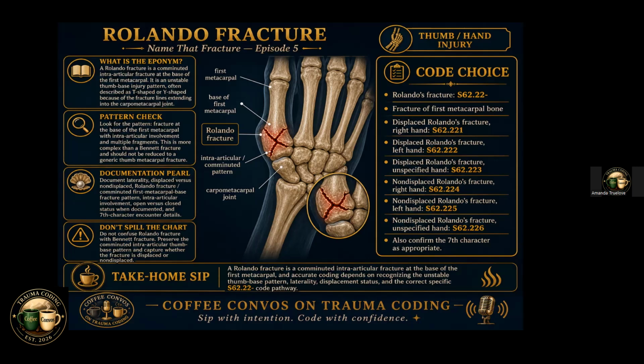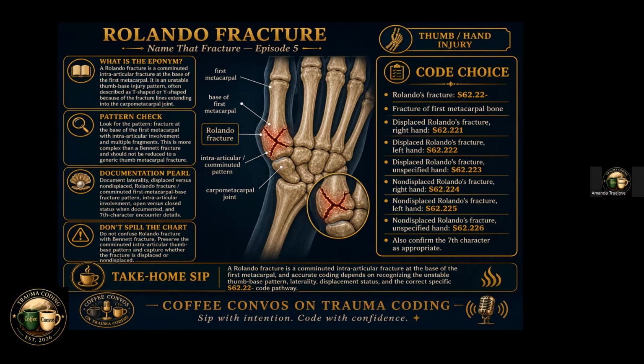Now, your Rolando should be approached from the perspective of it being a comminuted, intra-articular, right, into that joint space, base of that first metacarpal fracture. Well, then the coding distinction here is not about a dislocation name as much as it is about the complexity of the fracture pattern.